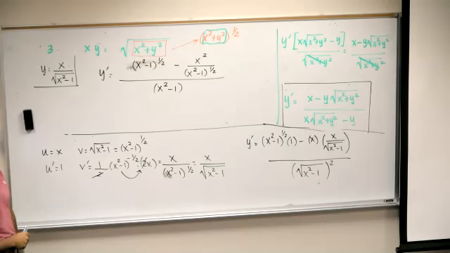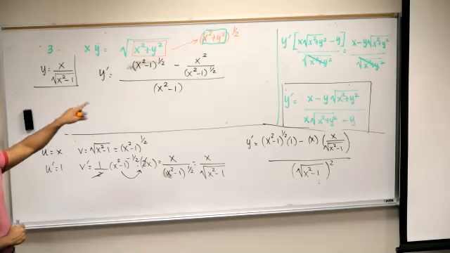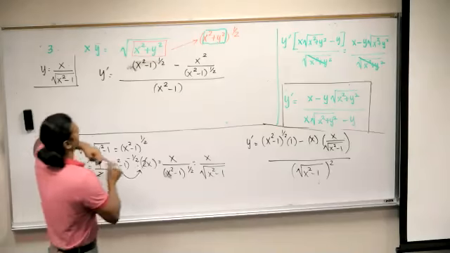How do you combine those two? Common denominator, which in this case is x squared minus 1 raised to the 1/2.